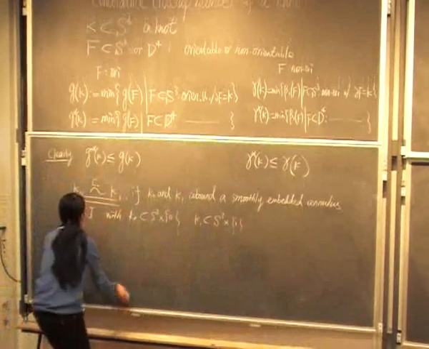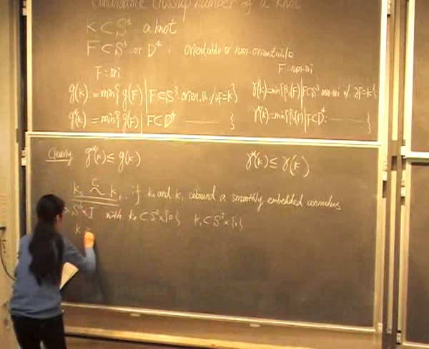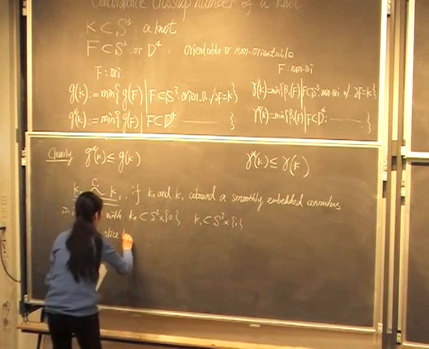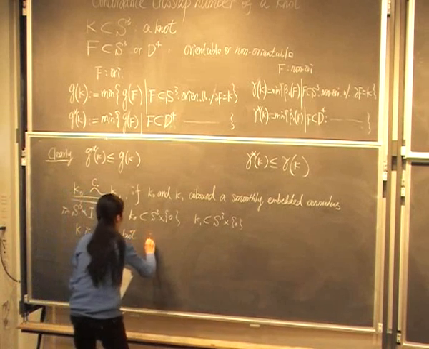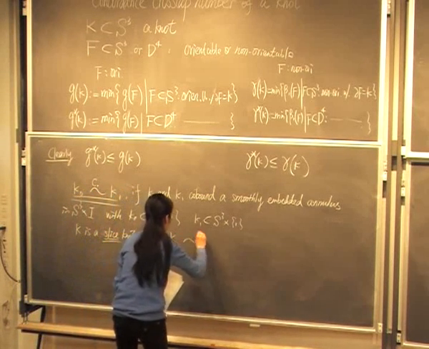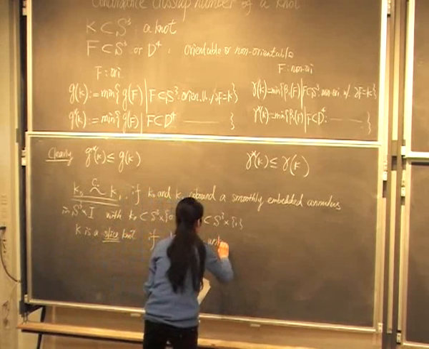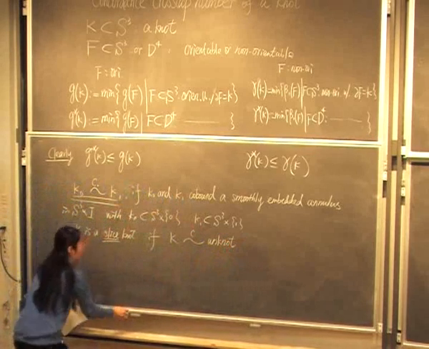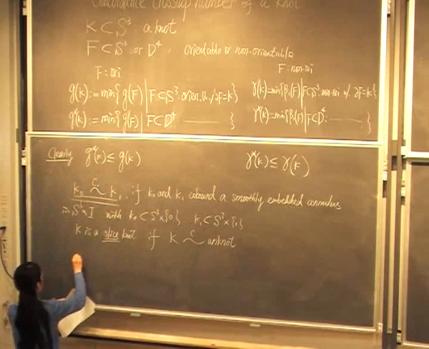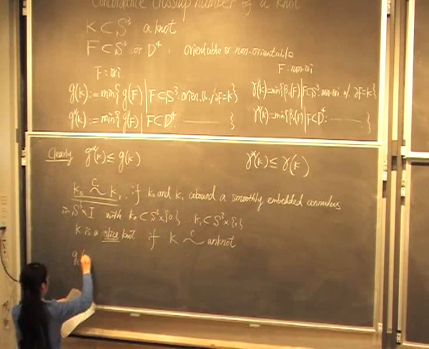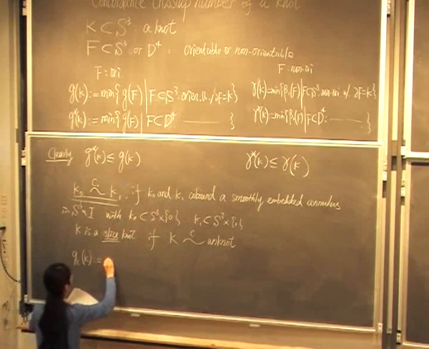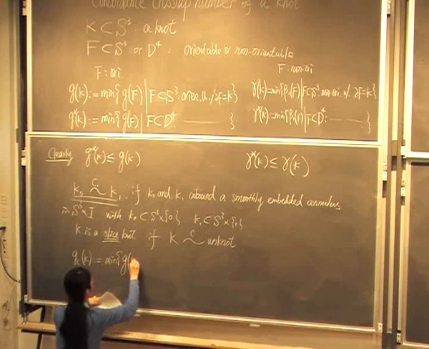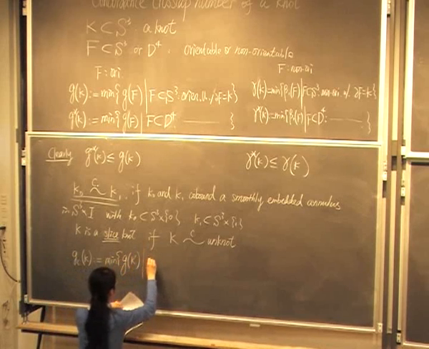And we know, we call K a slice knot if K is concordant to the unknot. Then we can define the concordance genus, denoted by g_C of K, to be the minimum of the genus in knot K's concordance class.